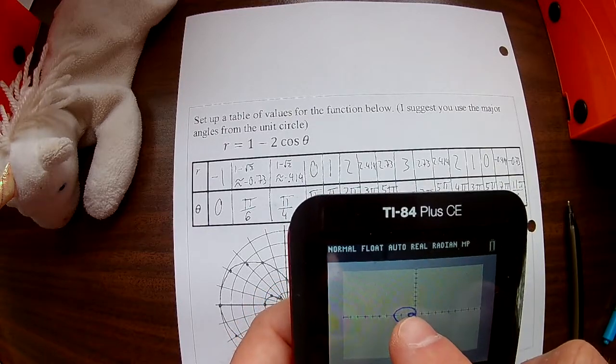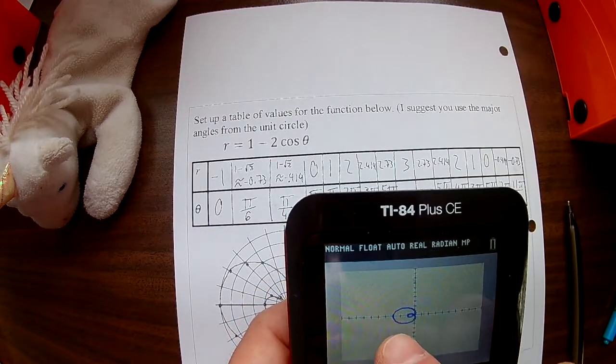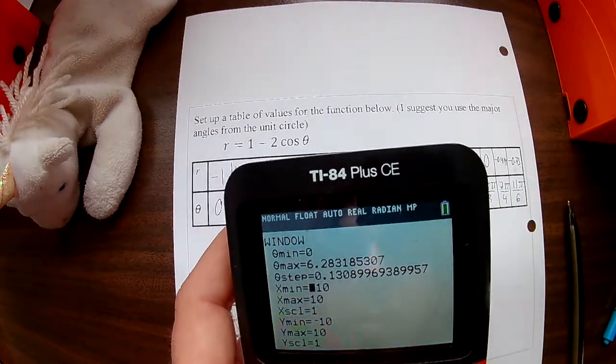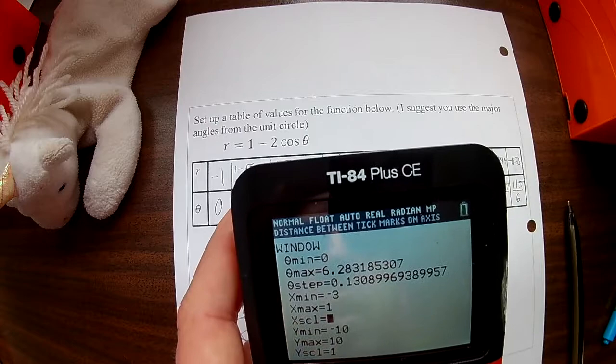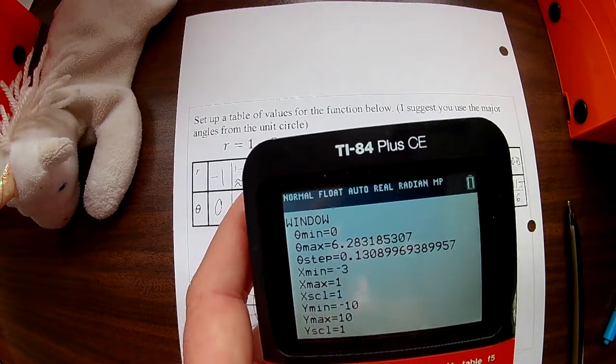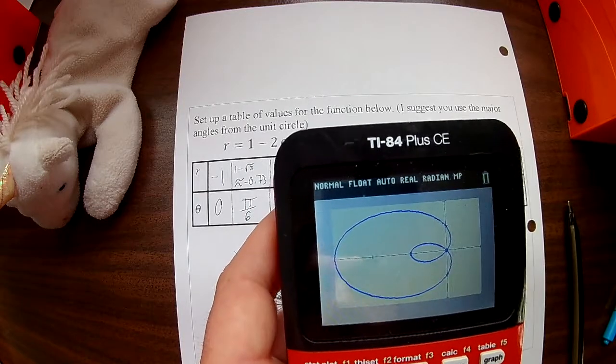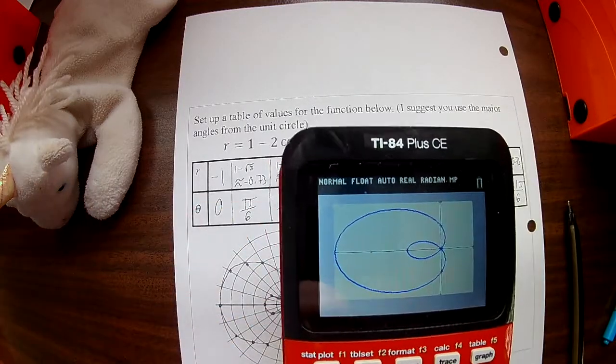You can see that it looks like the max is 2, min is 2, and down to -3. So I might go -3 up to 1, -2 up to 2. You can just see that limacon a little bit better. That just looks nice.